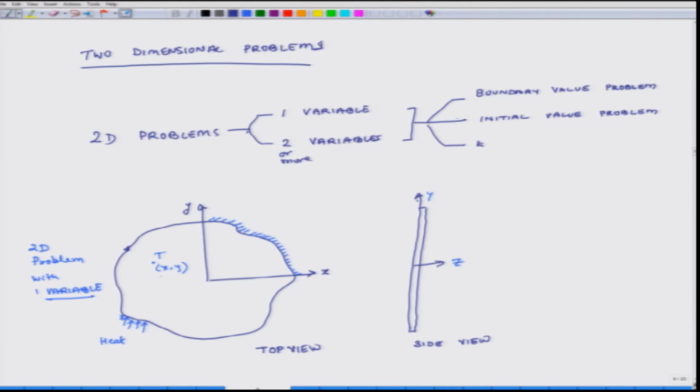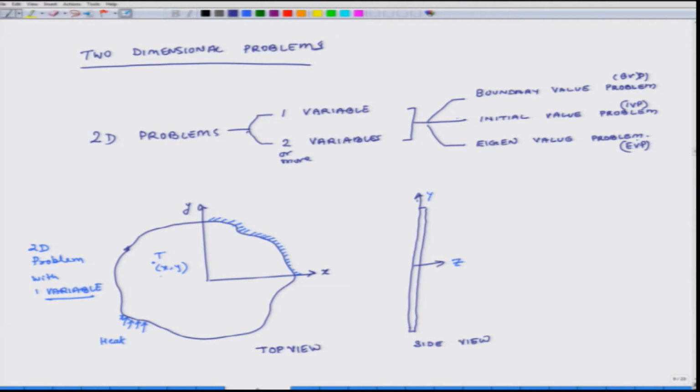And the third one is eigenvalue problem. We described these three types of problems in part 1. This is abbreviated as BVP, this is IVP, this is EVP.